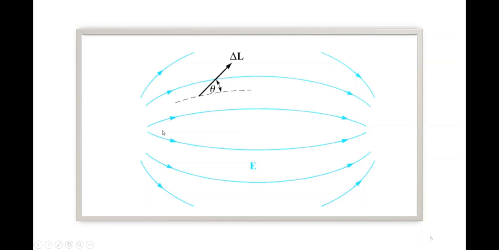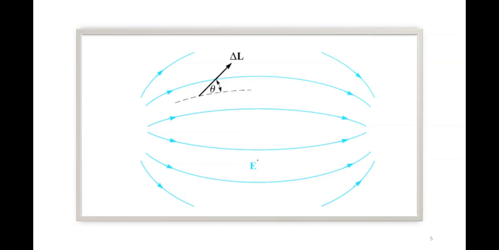In between these sources, positive for instance and negative, at each and every point the electric field and potential are varying, going back and forth between the two sources, positive and negative charge.